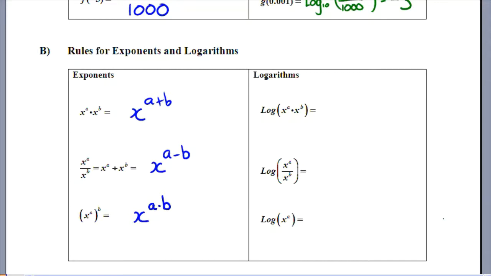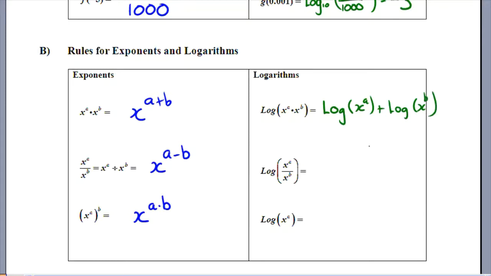a different way. So there's a log rule here that says if you have the logarithm of some sort of product, you can break that up into two separate logarithms. You could say, hey, that's like doing the logarithm, same base, whatever that might be, of this first thing, x to the a, plus the logarithm of x to the b.